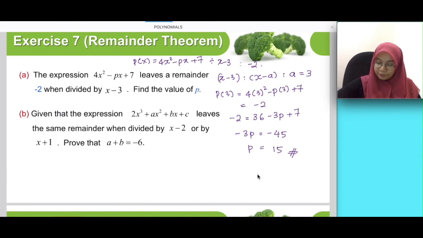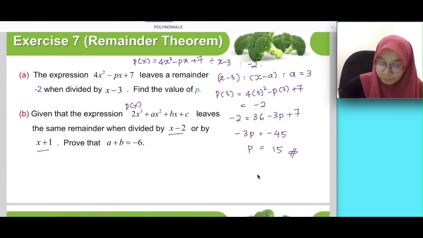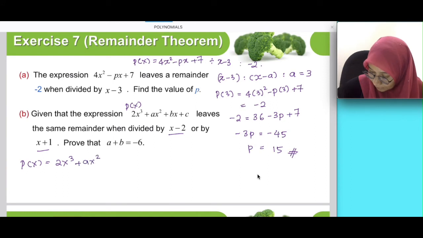So for B, you can try on yourself. For B, given that the expression, so this one is the P(x), leaves the same remainder when divided by x minus 2 or by x plus 1. For this one, you have P(x) equals 2x cubed plus ax squared plus bx plus c.